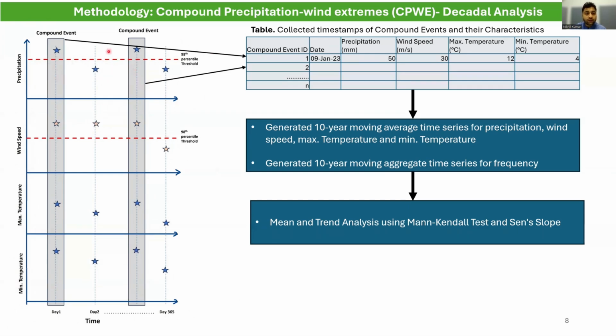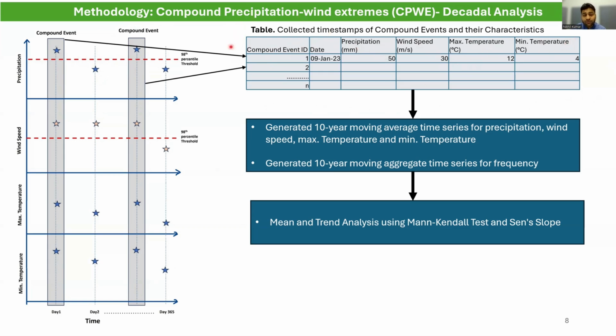So what we do is we take these compound events and make a table like this, which registers the compound event ID, the date, precipitation, wind speed, maximum temperature, and minimum temperature.